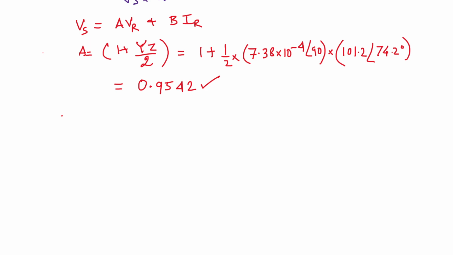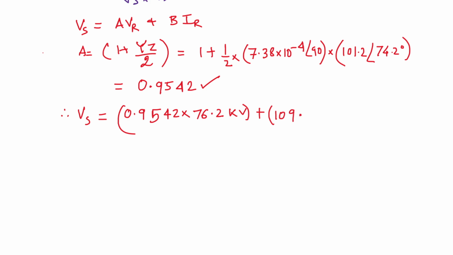So we can directly write VS. VS is equal to AVR, that means 0.9542 into 76.2 kV, plus IR into Z. What is IR? 109.34 angle minus 36.9, that into B. What is B?